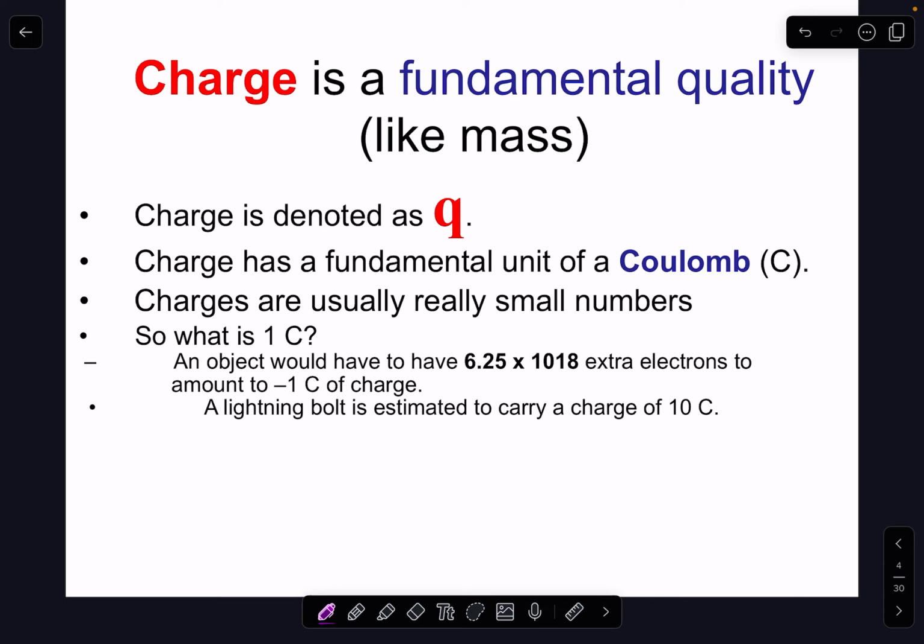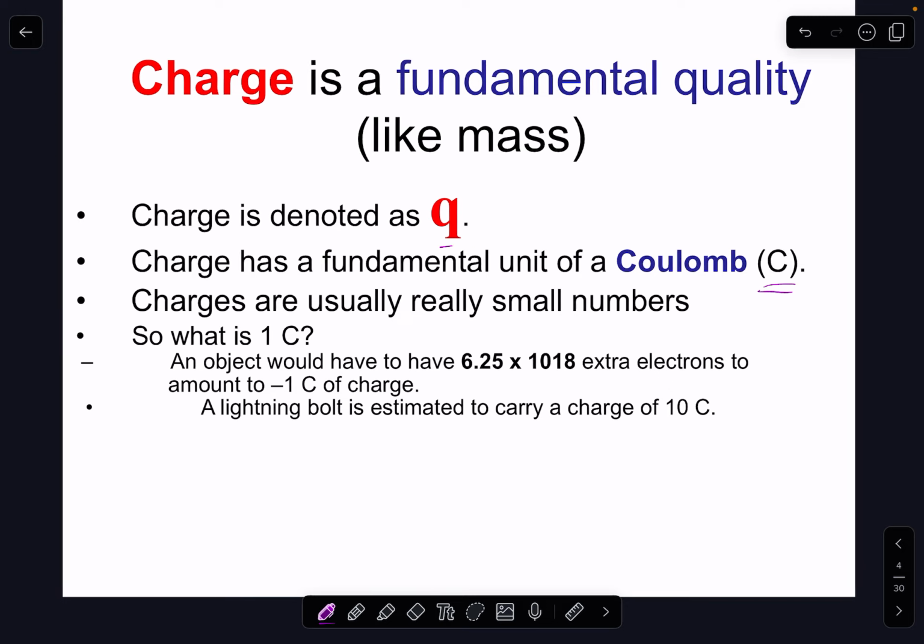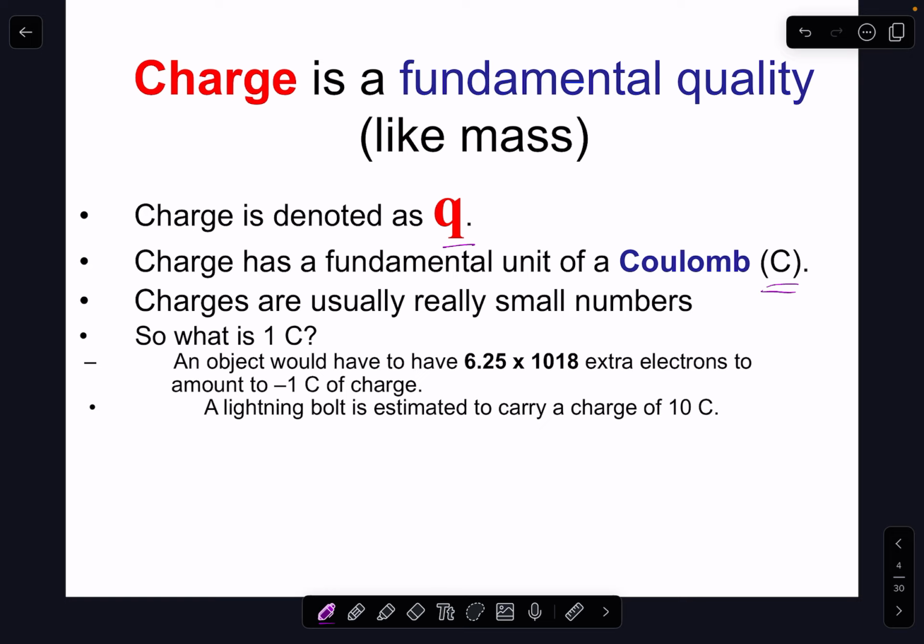The fundamental charge is measured in coulombs. We're going to have a lot of units named after scientists, and anytime a unit is named after a scientist, it must be capitalized. So capital C for coulombs. Charge is a lowercase q. Sometimes it can also be an uppercase Q, similar to mass.